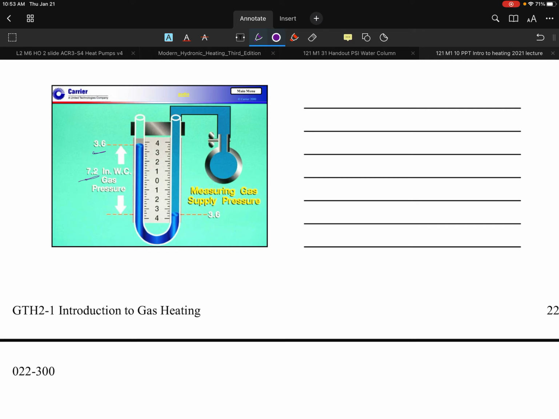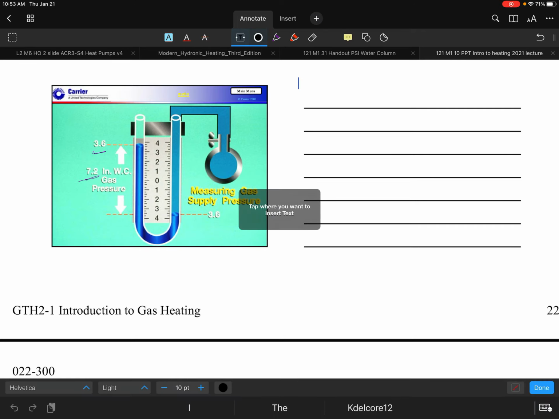Now, when we do this in the lab, and we'll go through some of these in the lab a little bit more, one of the things that I want you to notice on here is the typical gas pressures. I'm going to say normal supply pressure, normal gas pressure supply to the furnace or to a unit, is typically only about 7 inches of water column is all it is.